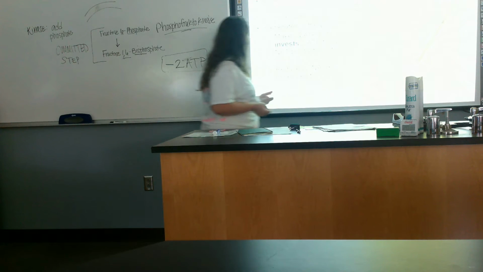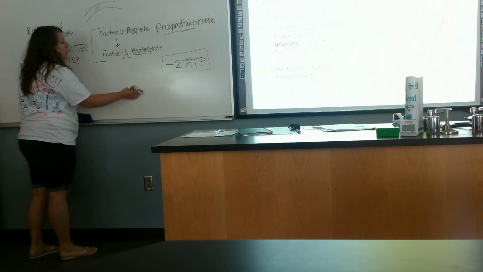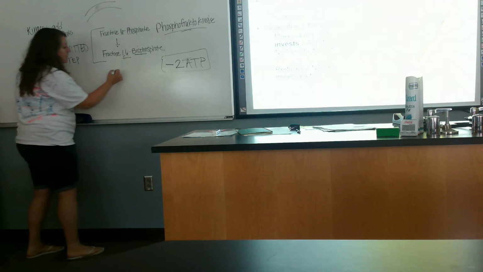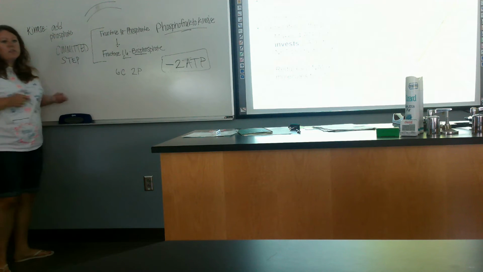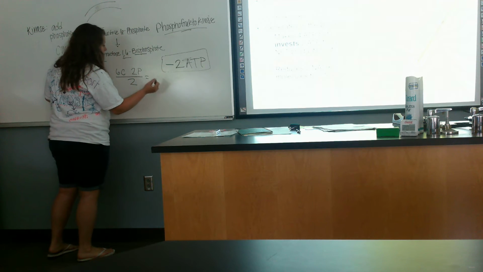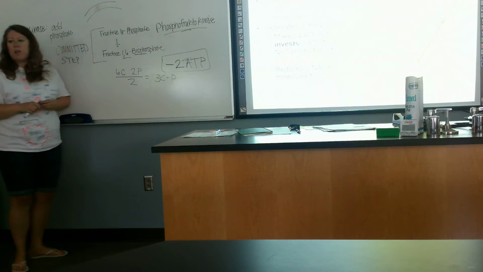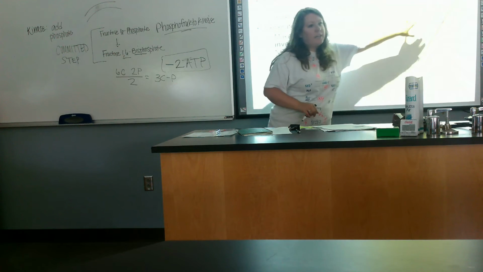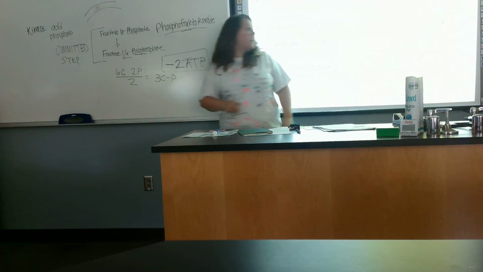So if we come back to this step and go down a couple steps, we have our fructose 1,6-bisphosphate. That means, okay, we have 6 carbons and we have 2 phosphates, right? So those are even numbers. We can split this into 2. And that's going to give us 3 carbon molecules with 1 phosphate on them, right? So this whole process here is just the idea of splitting things up into those 2 3 carbon molecules that have 1 phosphate attached to them.